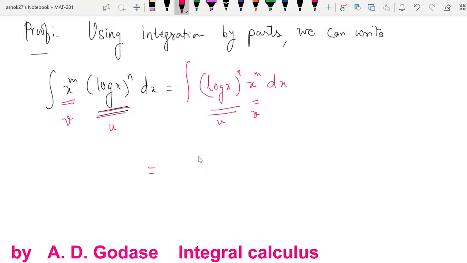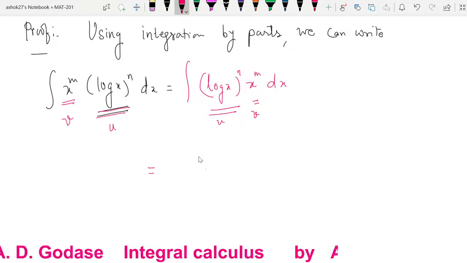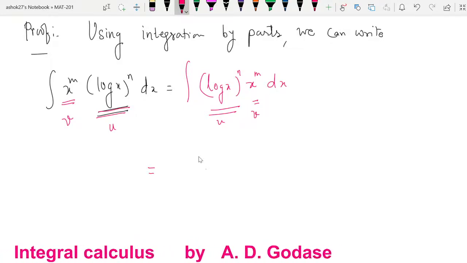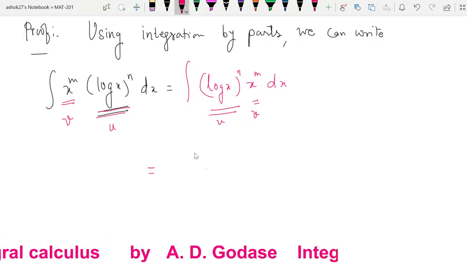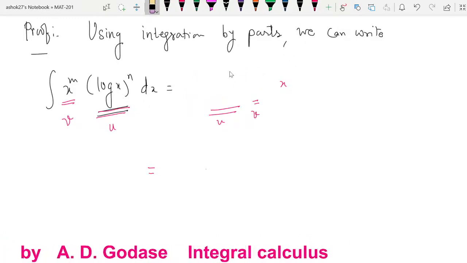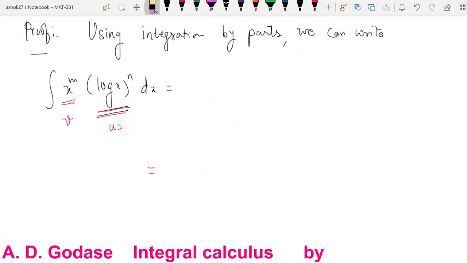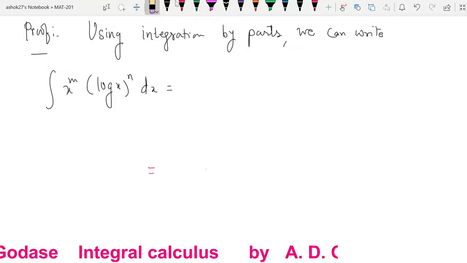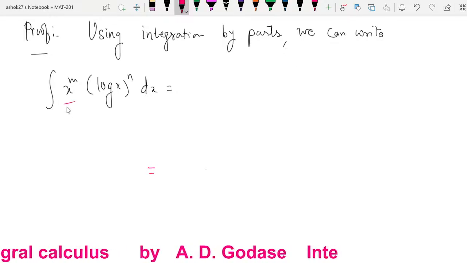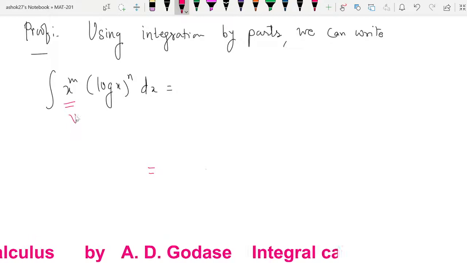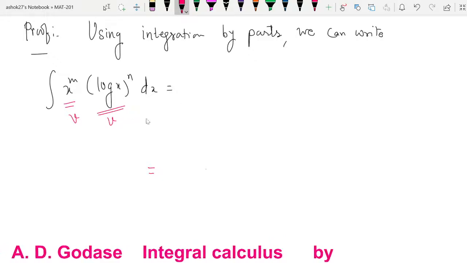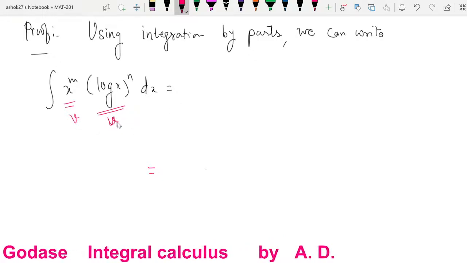So what should be the first function and what should be the second function? x raised to m is the second function and log x its power n is the first function.